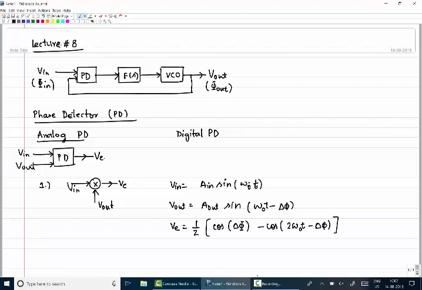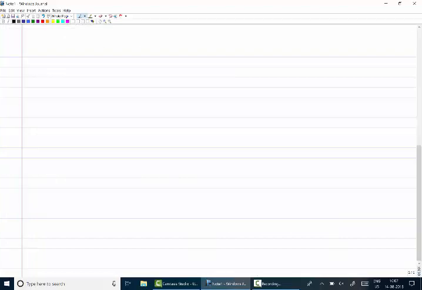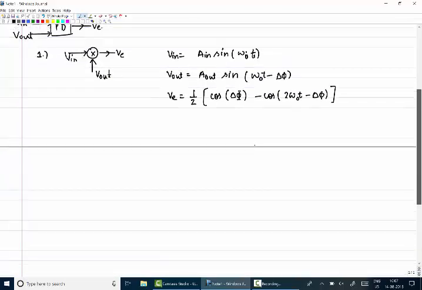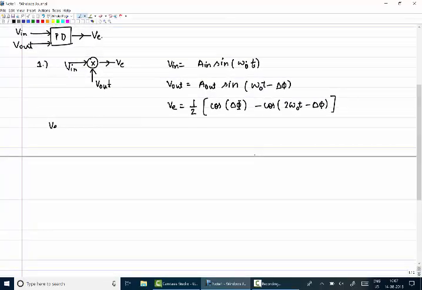This is the output of the phase error detector. Now the average of this is half times cosine of delta phi, where delta phi is the phase error between the two input signals, V in and V out. I am writing V out because this is just the feedback signal in the PLL. Otherwise you can write V1 and V2.